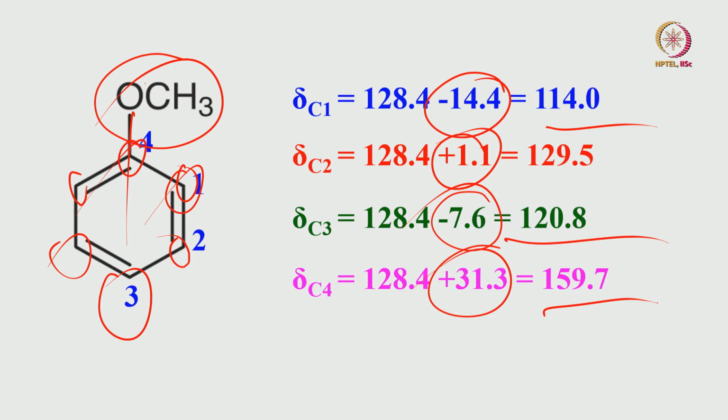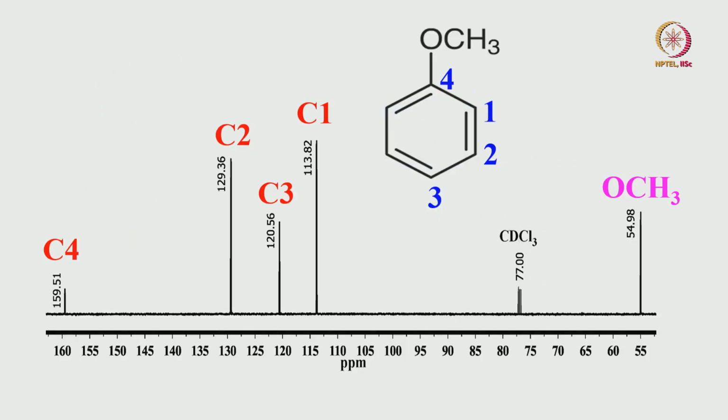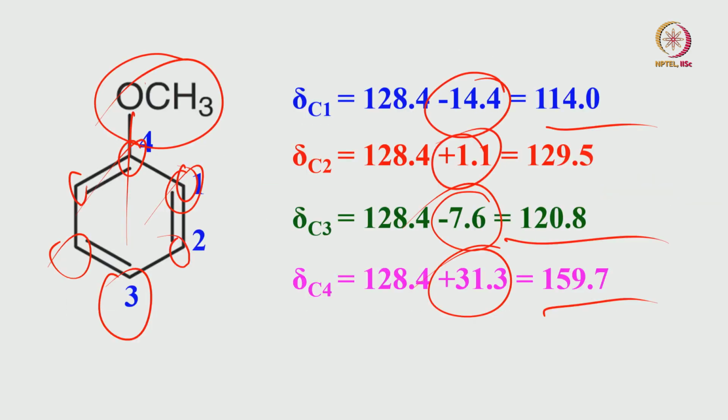So approximately, like we did for the proton chemical shifts in the phenyl groups depending on the substituents, here also depending upon the position of the substituents, different carbon chemical shifts can be calculated. And these are the values we have obtained: 114, 129, 120, 159.